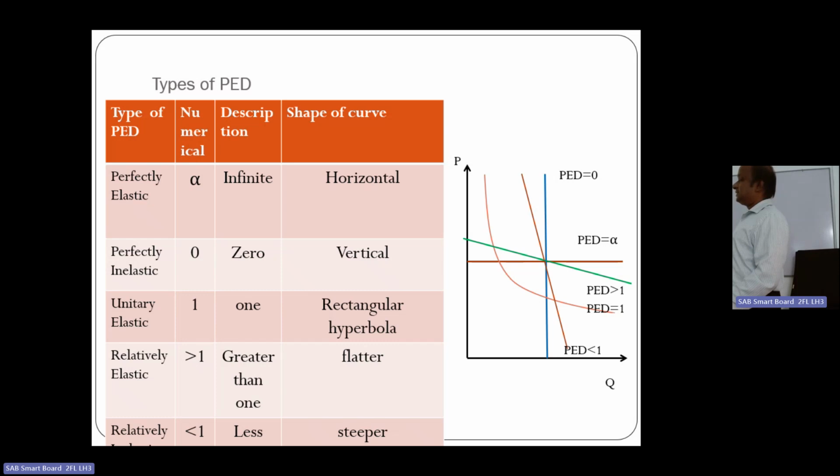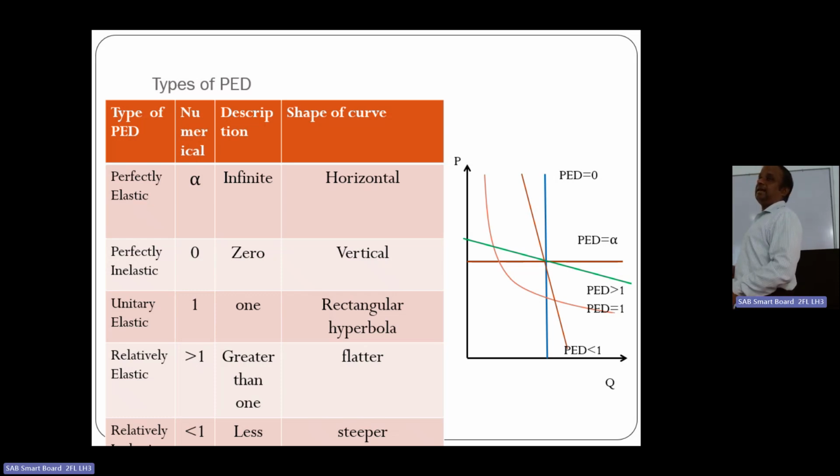In the other case, if it is less than 1, that is inelastic. Price is not highly sensitive, so there is no big relationship between the price and the quantity demanded. The nature of the demand curve is a steeper demand. If the price increases, quantity demanded decreases a little bit.